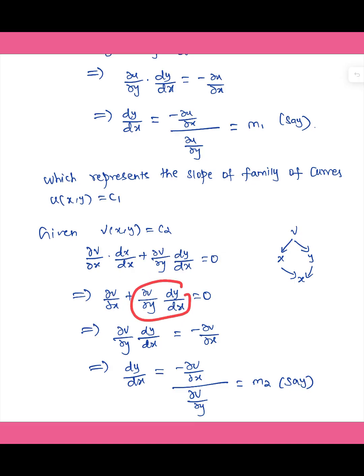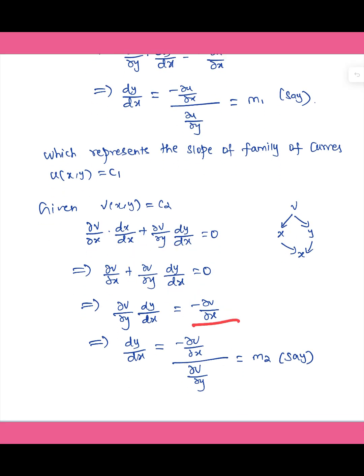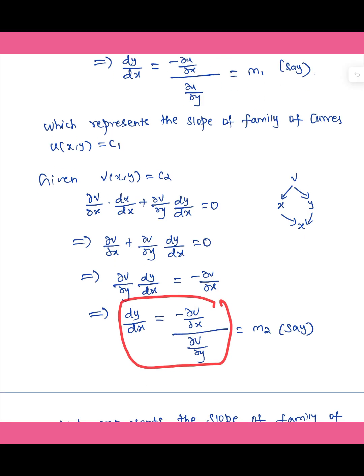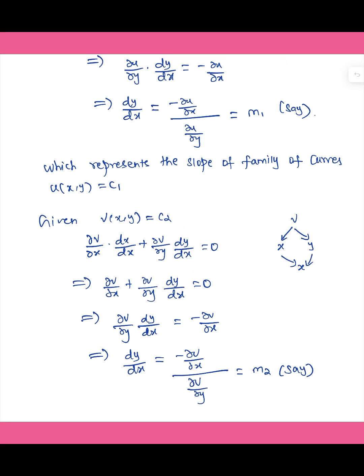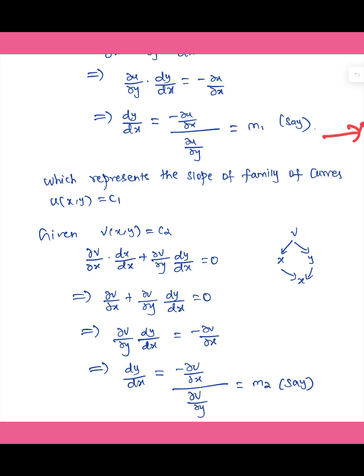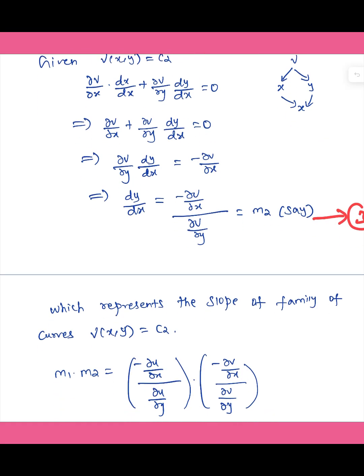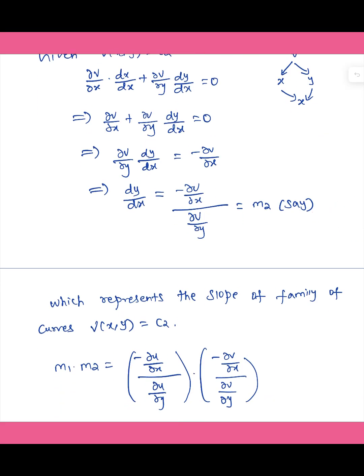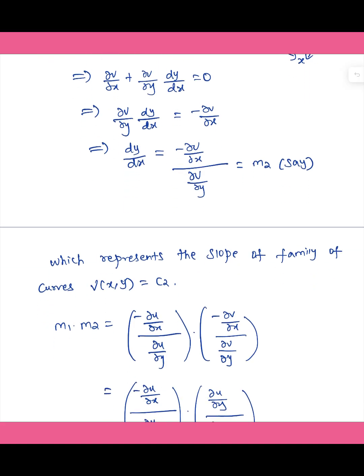Take this to the other side, which is minus dou v by dou x, and divide, so dy by dx is minus dou v by dou x by dou v by dou y. Let us name it m2, equation 3. So these are m1 and m2, and this second equation represents the slope of the family of curves v of x, y equal to c2.